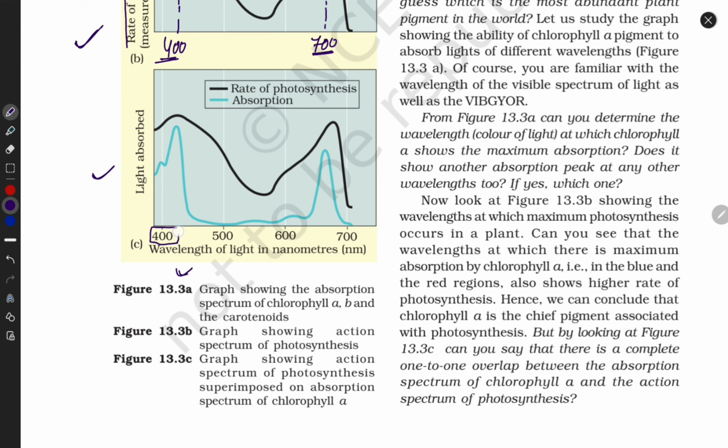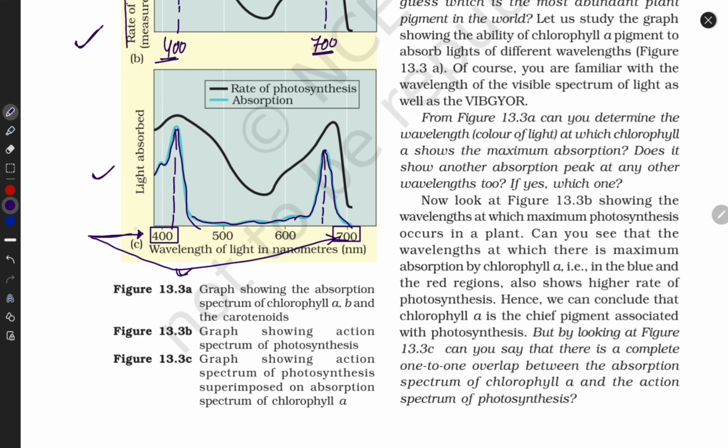Here is 400, here is 700. Look at here, maximum absorption of light is at 400 nm, and then down, no absorption of light. And again maximum light absorption at 700 nm. Means plants absorb this wavelength of light and this wavelength of light.